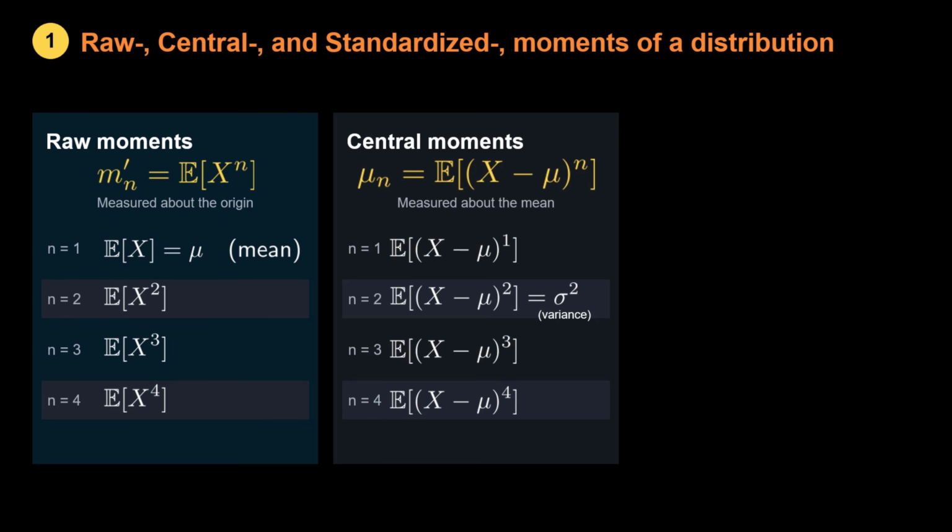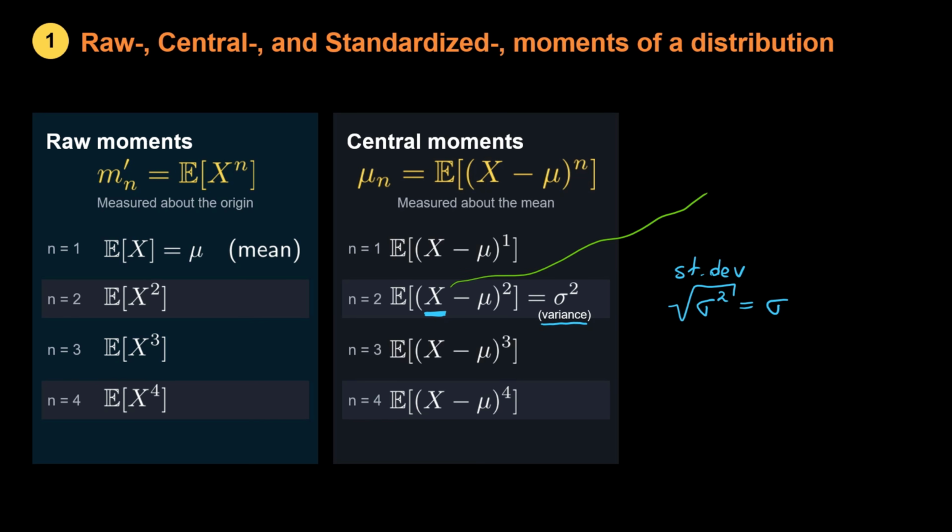Okay, we mentioned the variance, and let's also mention the standard deviation. The standard deviation is taken to be just the square root of the variance, the positive square root. The advantage of the standard deviation is that it is in the same units as our random variable x, whereas variance is in units squared.